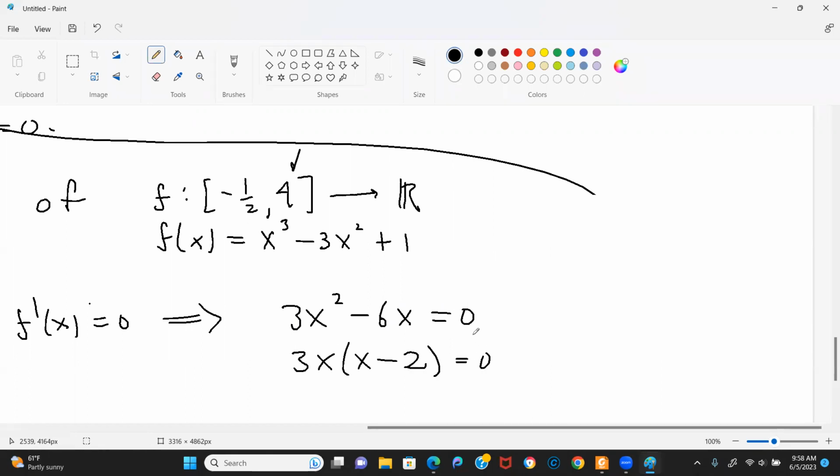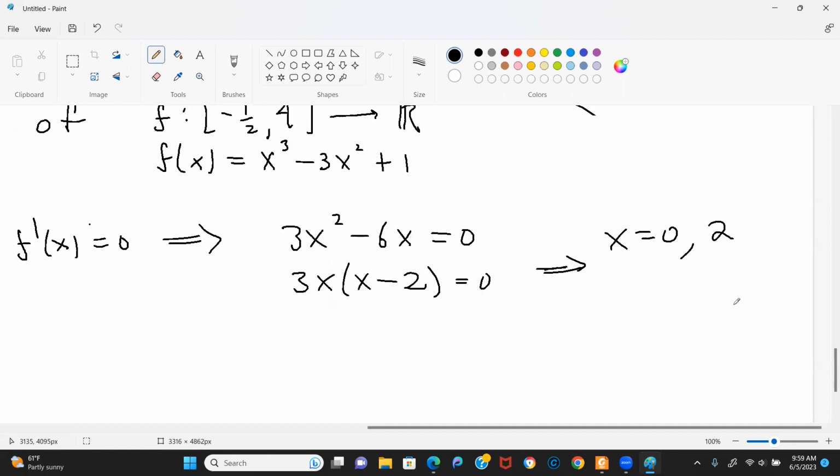Oh, wait, did I do this right? Maybe I'm going to screw this one up too. 3x times x minus 2. So that should give you the critical points x equal to 0 and x equal to 2. Yes. Okay.